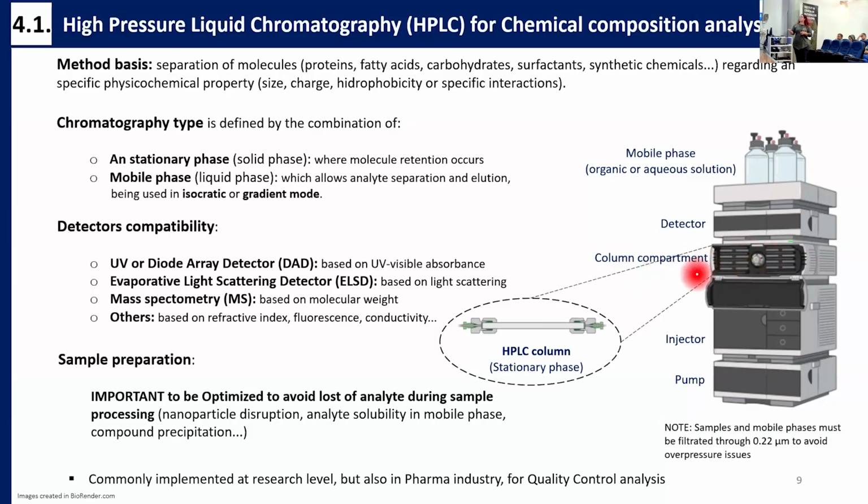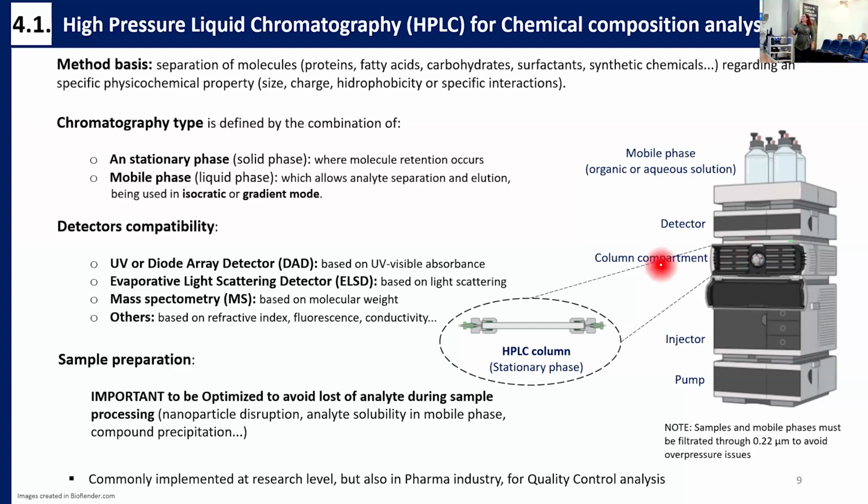This compartment also allows us to control the temperature, because in certain chromatographies we need to control the temperature in order to avoid aggregation or to modify the solubility of our molecules.